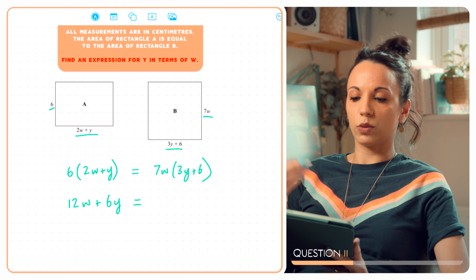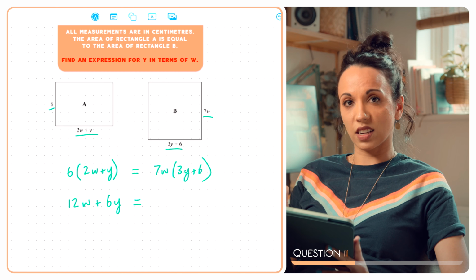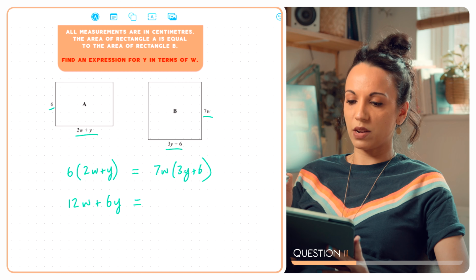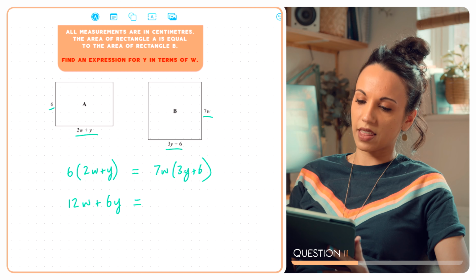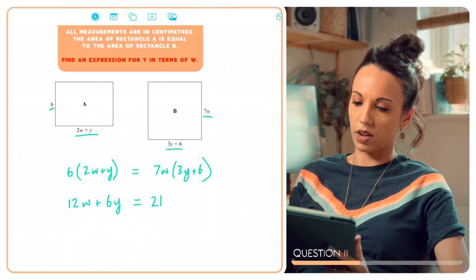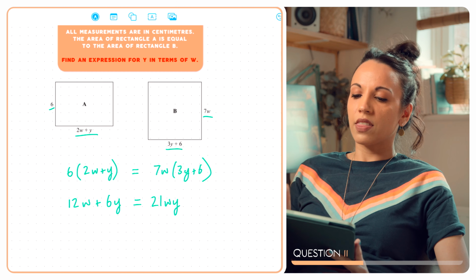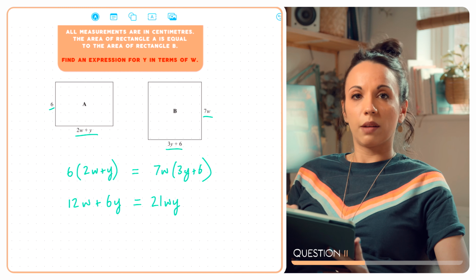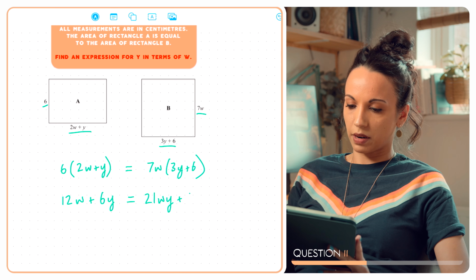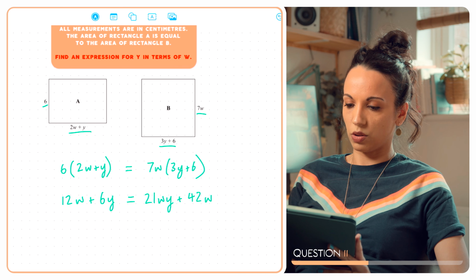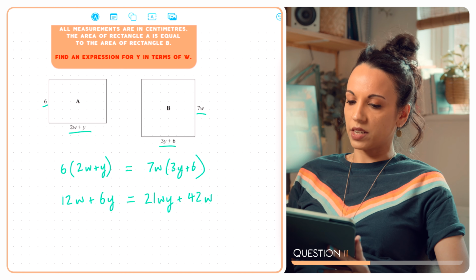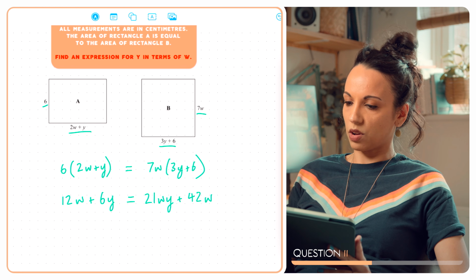Okay, so that's going to equal, on the right hand side, we've got 7W times 3Y. So we multiply the constants together, 7 times 3 is 21, and we just write down the 2 letters WY. Then we've got 7W times plus 6, that's going to give a plus 42W.